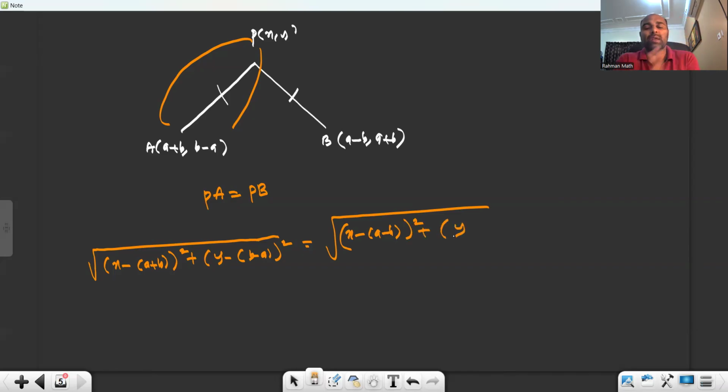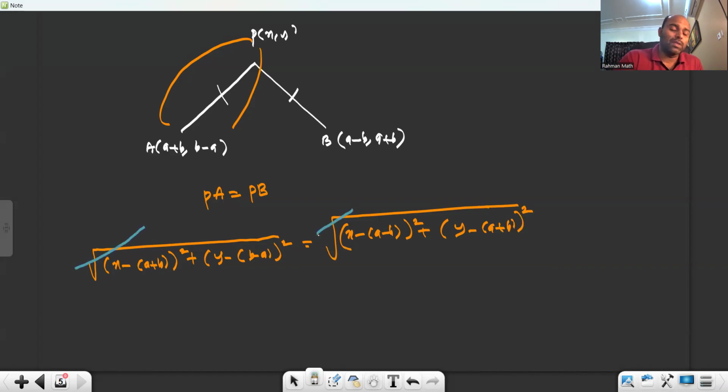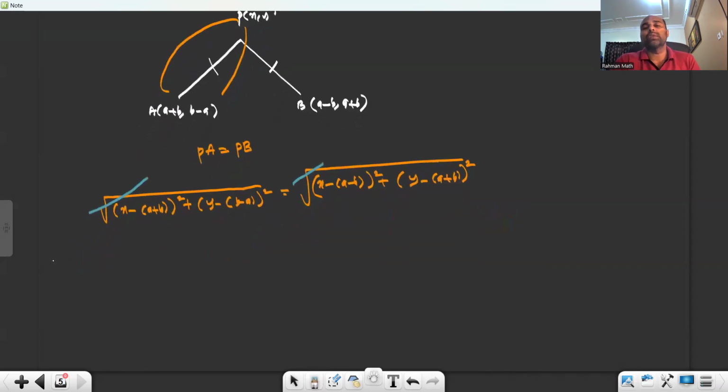If x and y are coming, try to take that first, that's better. You can cancel this root and this root. Please write it up, after that I'll tell you. Time is 21 minutes over.